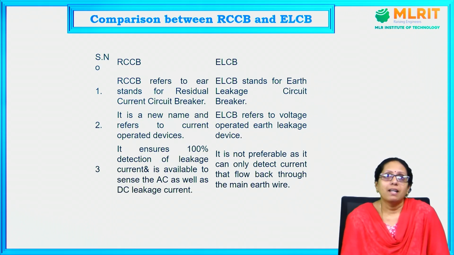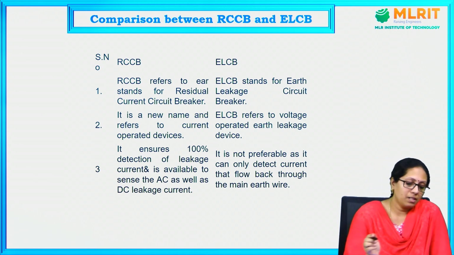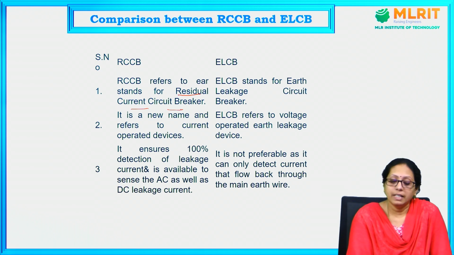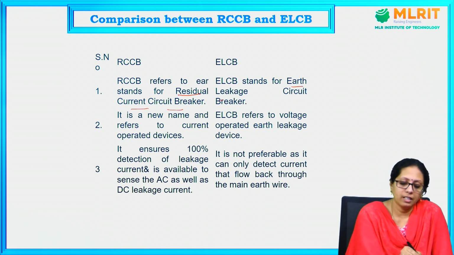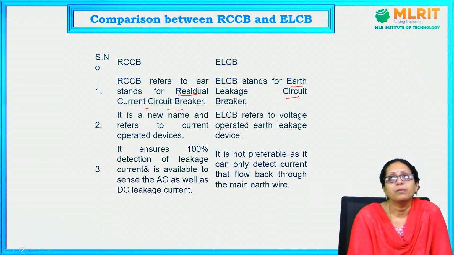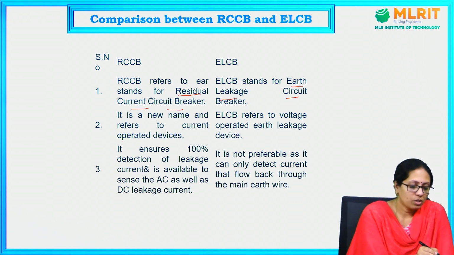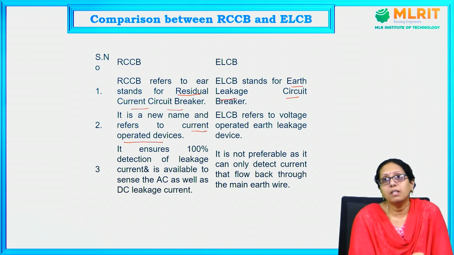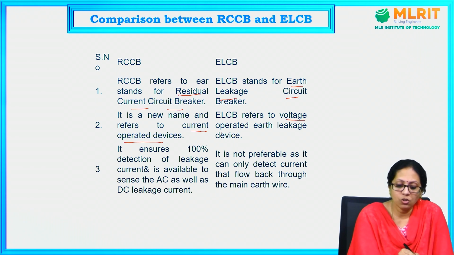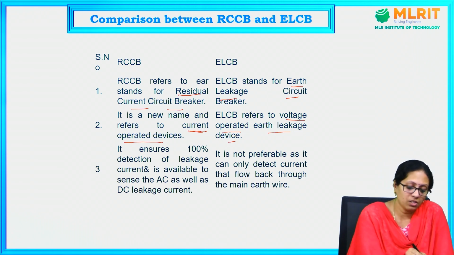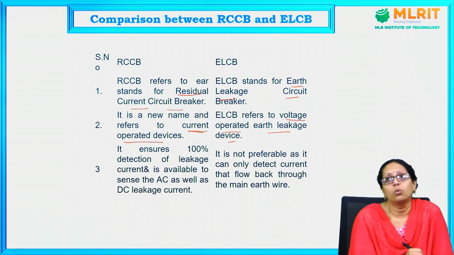Here there is a comparison between RCCB and ELCB. RCCB refers to residual current circuit breaker, ELCB for earth leakage circuit breaker, and it is a new name and refers to current operated devices. ELCB refers to the voltage operated earth leakage devices. Here it refers to the current and this refers to the voltage.